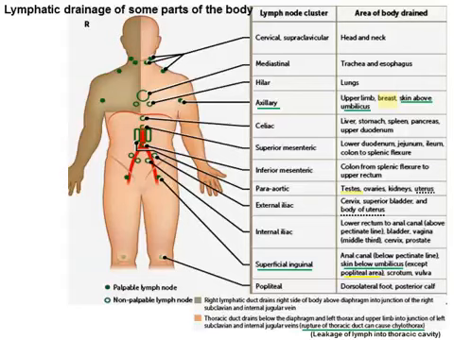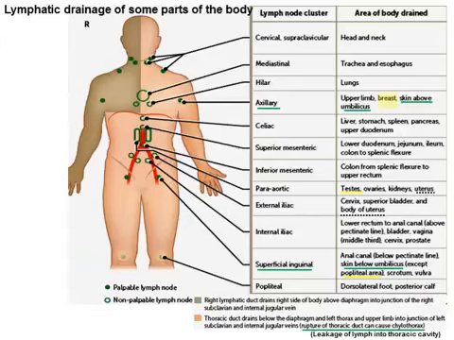In this slide, you can see the lymphatic drainage of several parts of the body. In the table, you can see the lymph node cluster, the position of it, and the area drained by it. This is a very important slide. It covers many parts of the body, and you need to know it very, very well. For example, the cervical lymph nodes drain the area of head and neck.